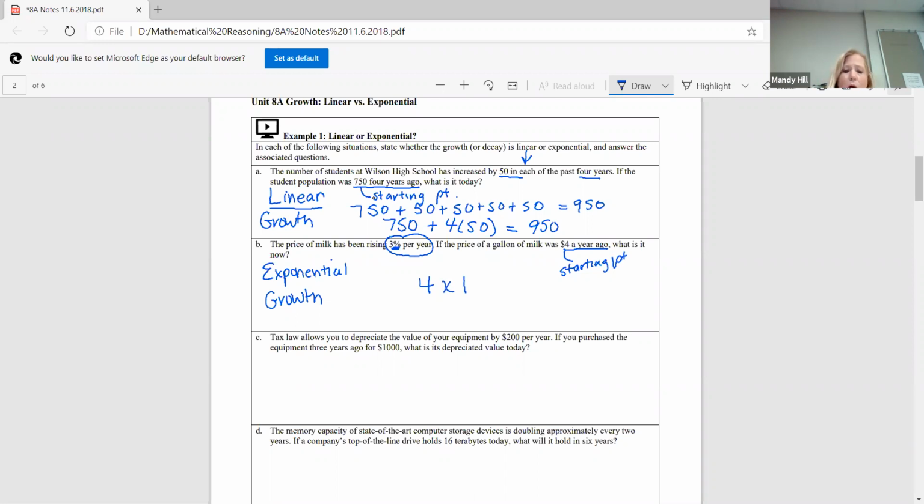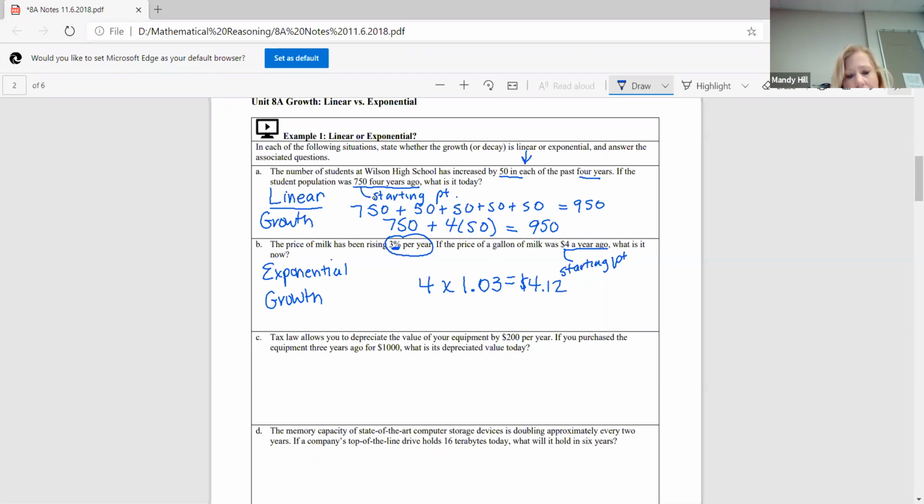And since only 1 year has gone by, it would be 0.03, and we only have to do it 1 time. So the price now would be 4 times 1.03, which is $4.12. And that's definitely exponential growth.